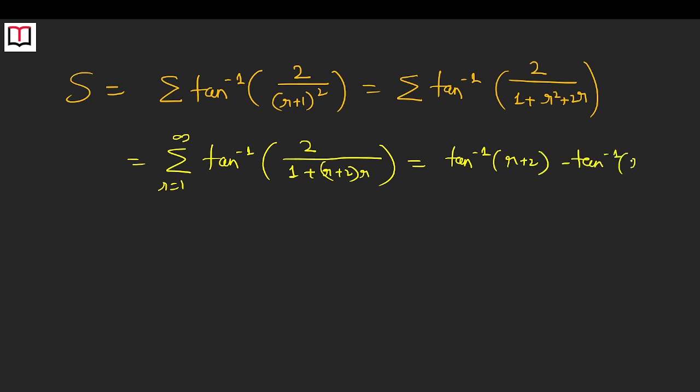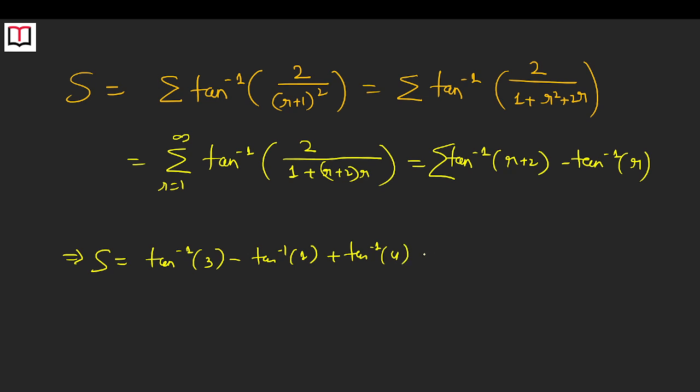Here alternate terms won't get directly cancelled; there will be a gap of 1 initially. So let me do it. S is tan inverse 3 minus tan inverse of 1, then plus tan inverse of 4 minus tan inverse of 2, plus tan inverse of 5 minus tan inverse of 3.